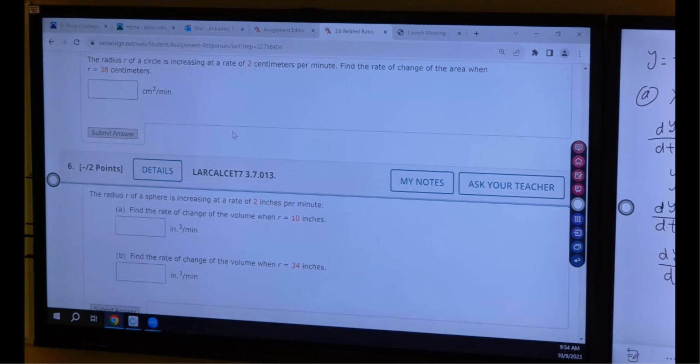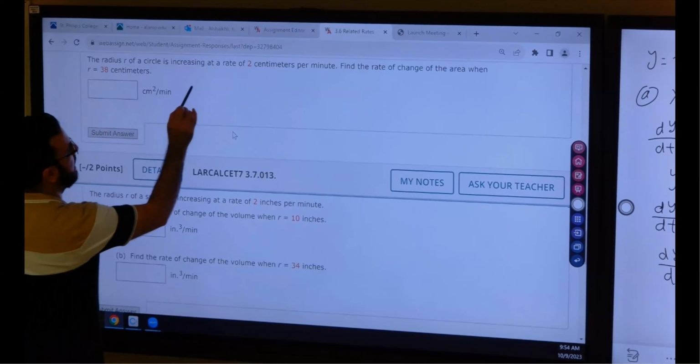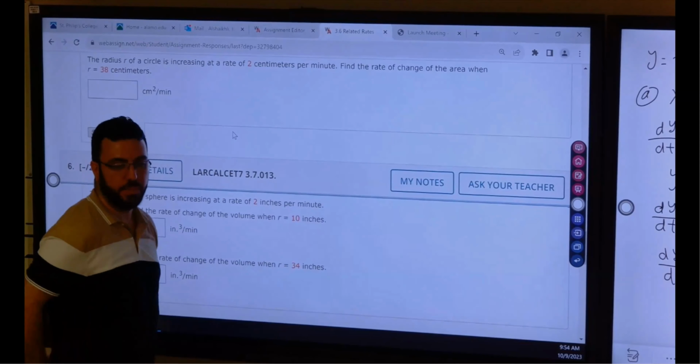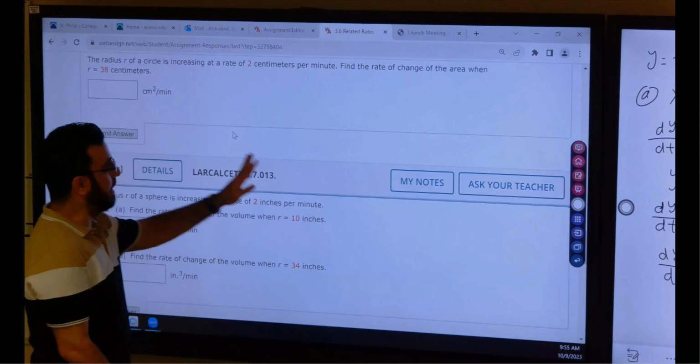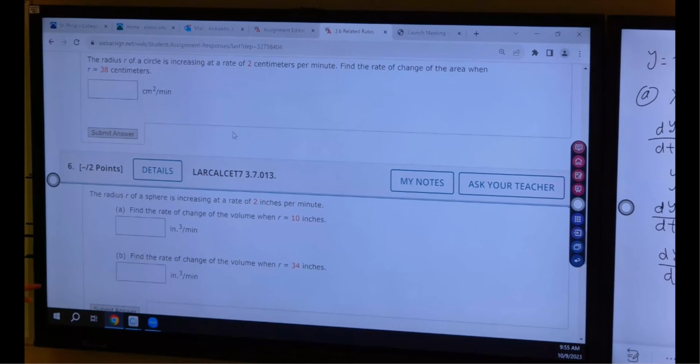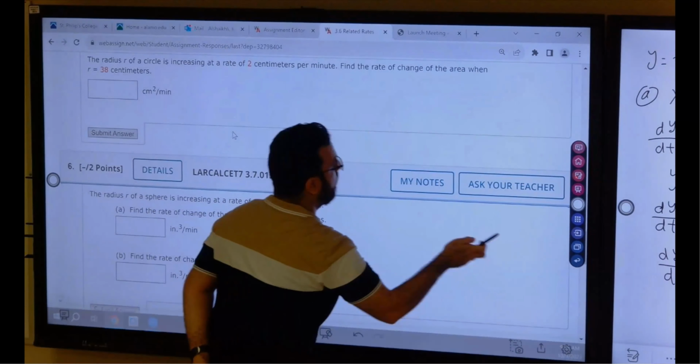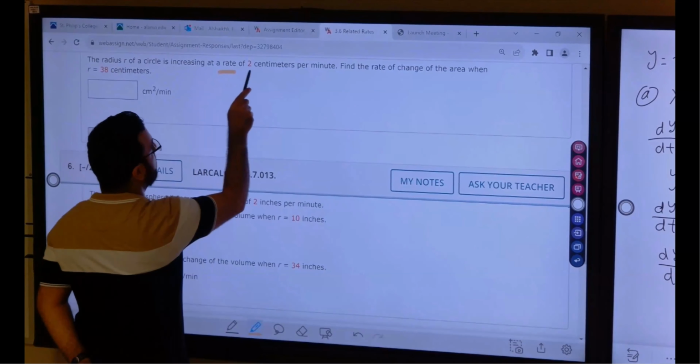Among your peers. So the radius r of the circle is increasing at the rate of 2 centimeters per minute. What does that mean? They're not going to give you anything, you have to figure it out. It's a rate. They're telling you it's increasing at a rate of 2 centimeters per minute.